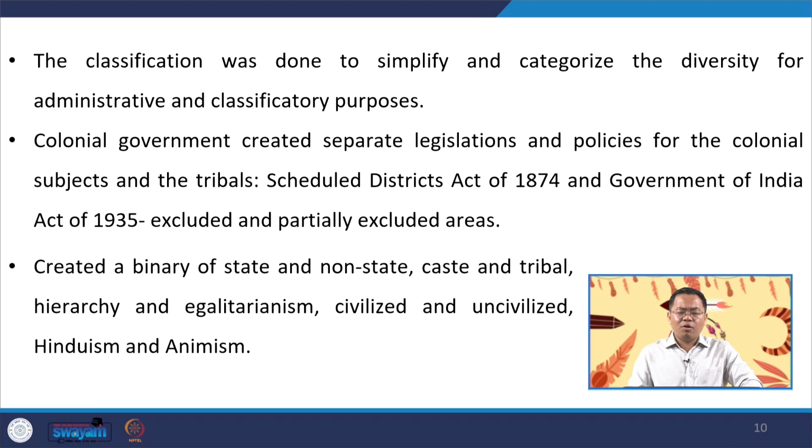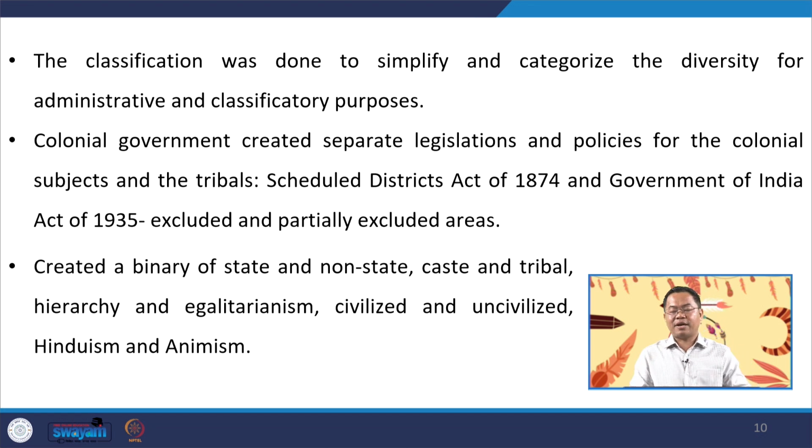Over a period of time, the category tribe began to be significantly incorporated into everyday colonial language, particularly in the legal domain. So, separate legislations and policies for the colonial subjects and the tribals were created.